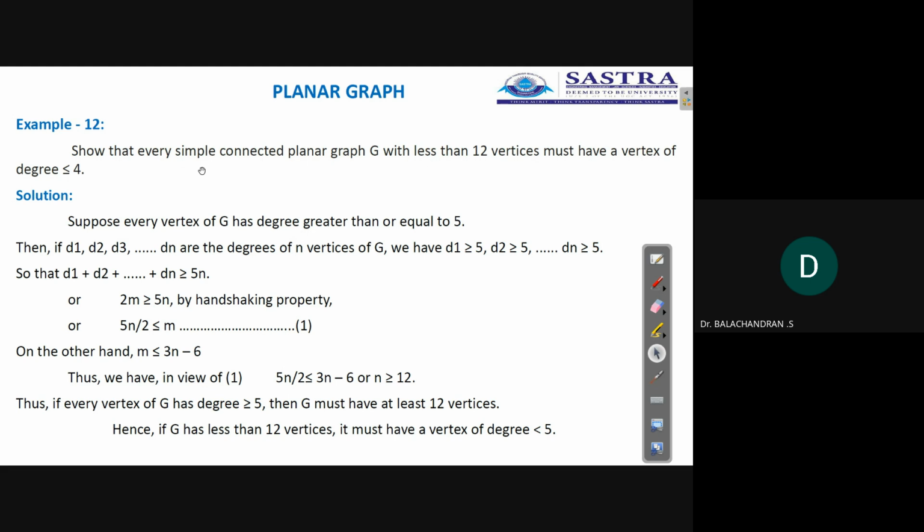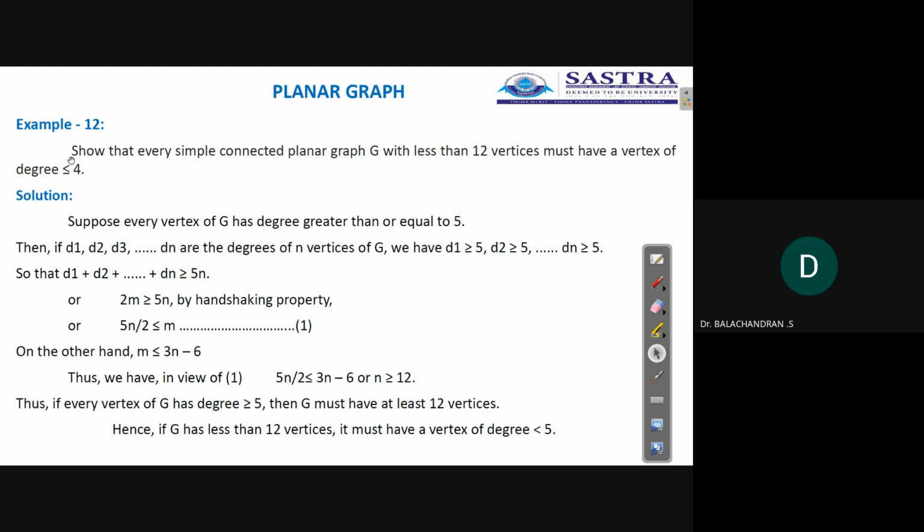We should understand the statement clearly: show that every simple connected planar graph G with less than 12 vertices, meaning 11, 10, 9, 8, must have a vertex of degree less than or equal to 4.